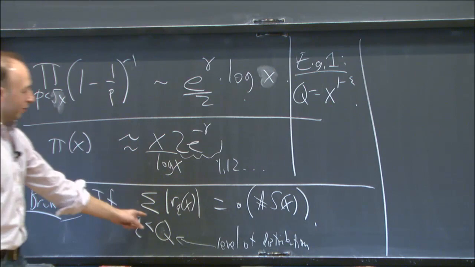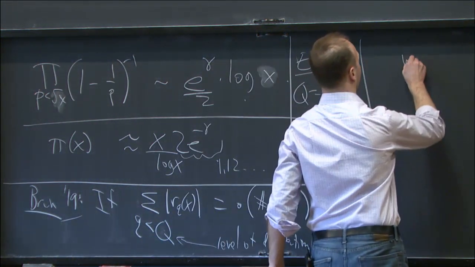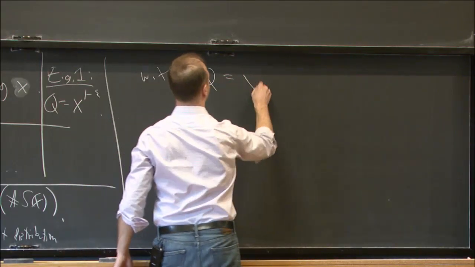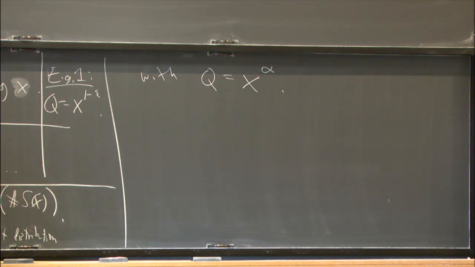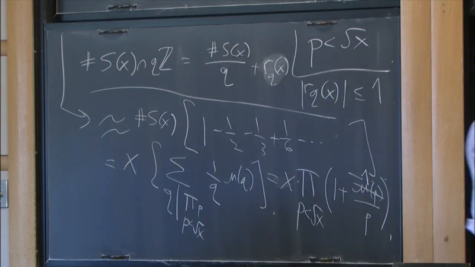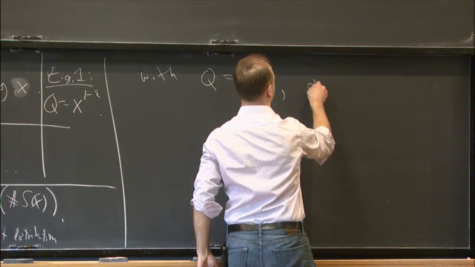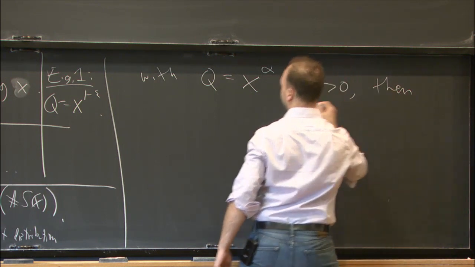So if you can prove a statement like this with q as large as some power x to the alpha, where x is the cutoff parameter, we're looking only at numbers of size at most x, alpha positive, then you can sieve.